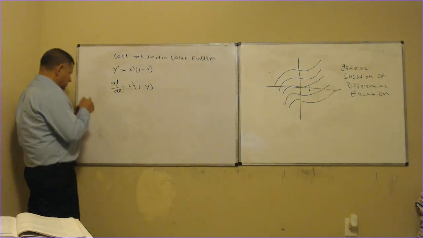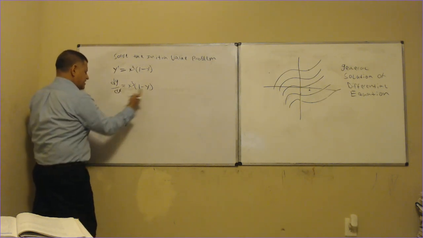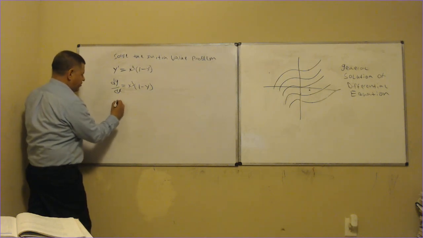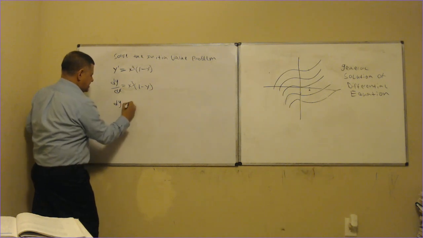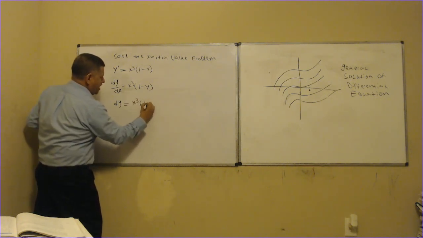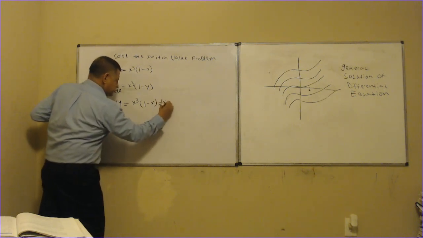Anyway, so what I will do is separate the variables. So dy, multiplying by dx, I get this on the other side, and I get x cubed times 1 minus y dx.